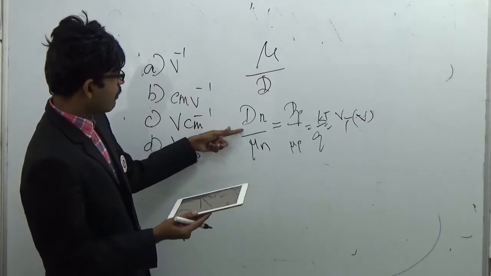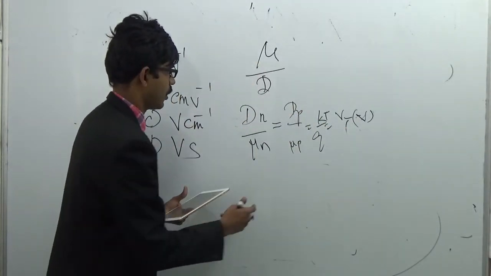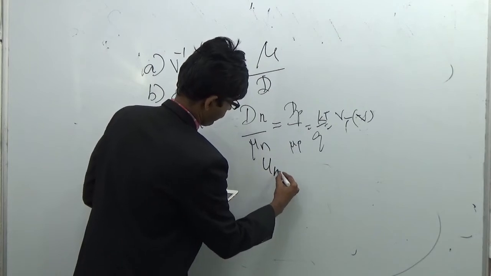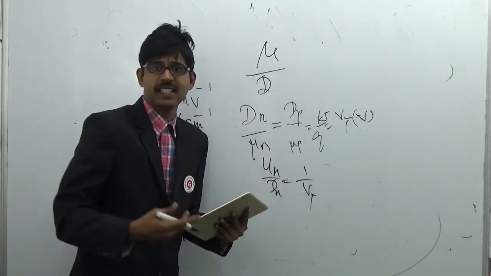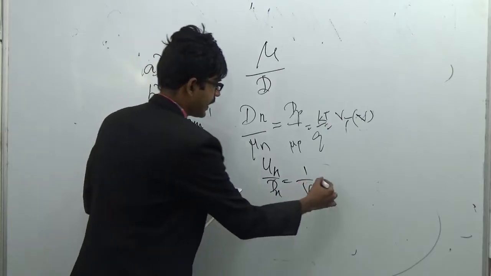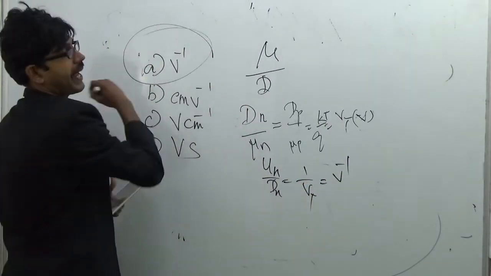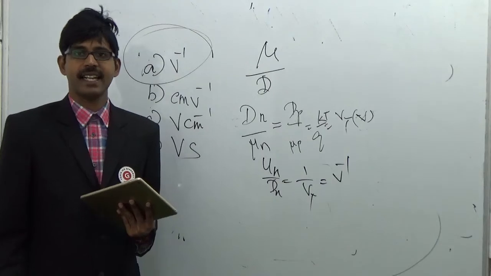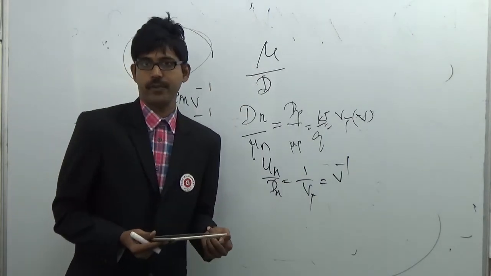Now, dN by mu n is Vt means mu n by dN is going to be equal to 1 by Vt. If Vt takes volts, 1 by Vt takes volt inverse. So the right answer is A. Volt inverse is the right answer for the mu by D ratio.